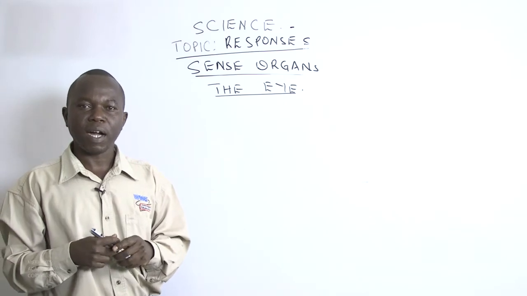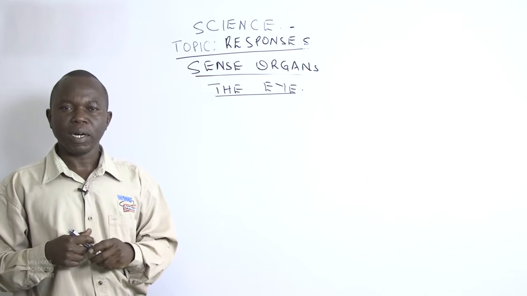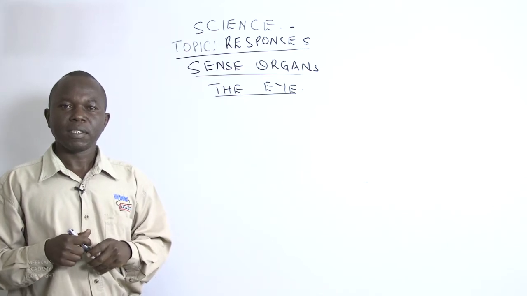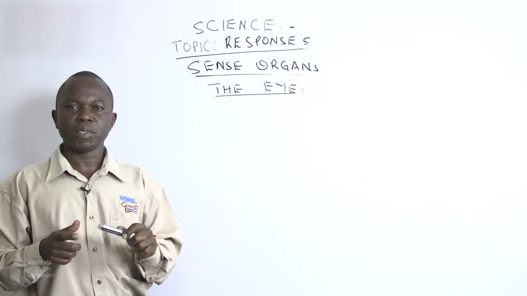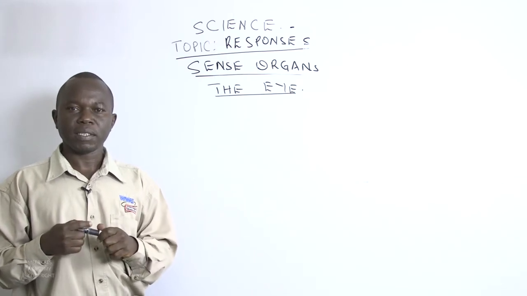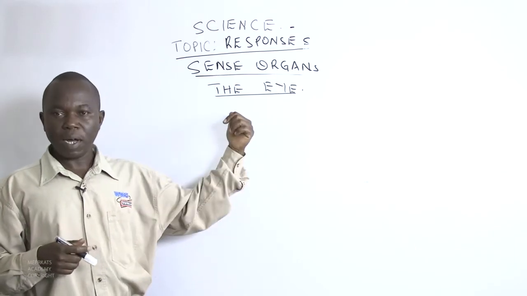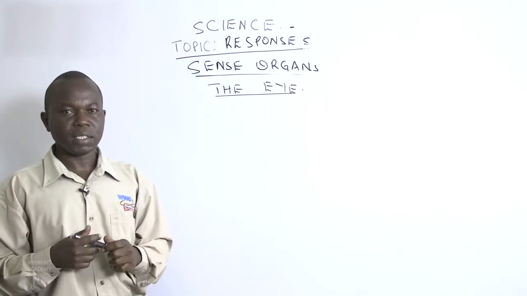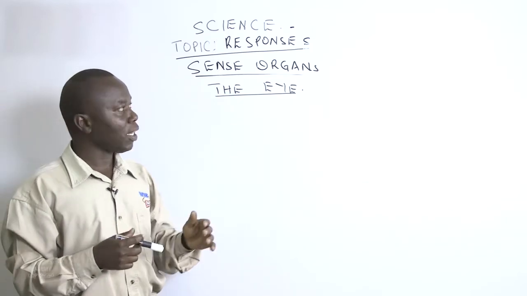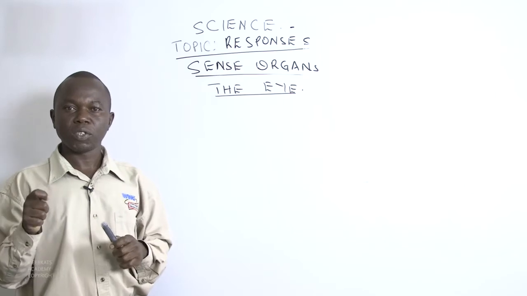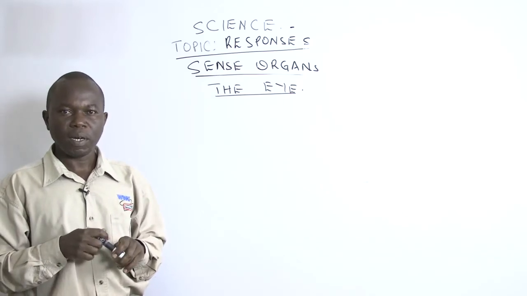If you want to drive a car along the highway, you need your eyes properly. If you have to look at the monitor of your computer, you need your eyes. Right now, wherever you are, you are looking at this whiteboard. I'm writing some words, and you are able to read those words because you are using your eyes.